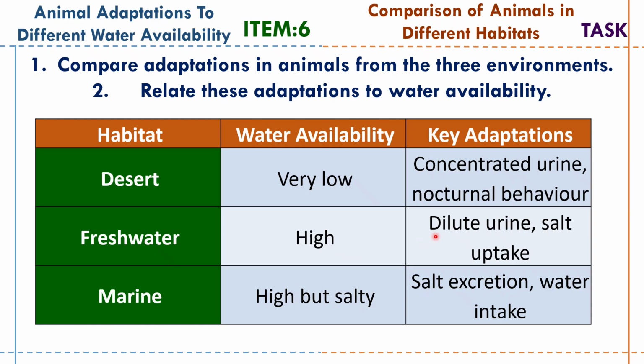Key adaptation: they produce dilute urine and take up salt. Marine habitat: the water availability is high but salty. Key adaptations: they secrete salt and take in water.